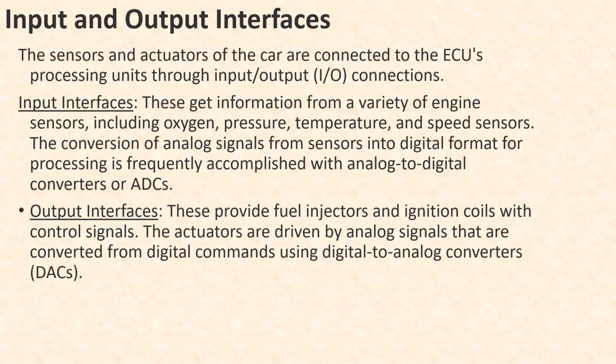Next comes the input and output interfaces. Like every electronic control unit, these ECUs also have input interfaces and also output interfaces. These input interfaces get information from a variety of engine sensors or any sensor for that matter, including oxygen, pressure, temperature, speed sensors.